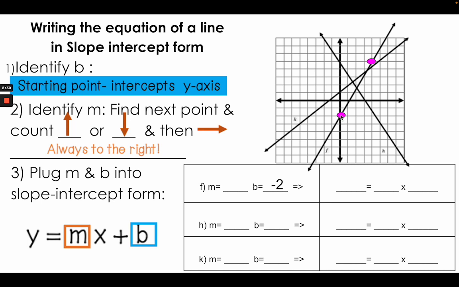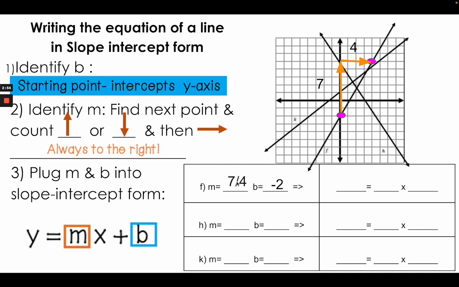And I'm going to count from this point to that point how many blocks I have to go up. So from here to here, it's 7. And then I'm going to head over to the right 4 blocks. So I went up 7 over 4. Up 7 over 4. And so my slope is 7 over 4.